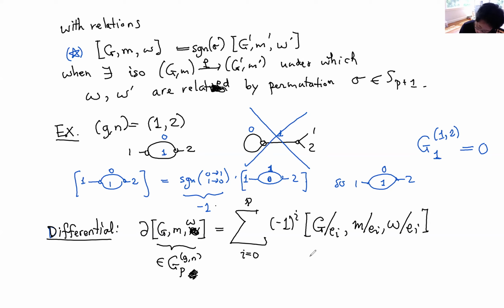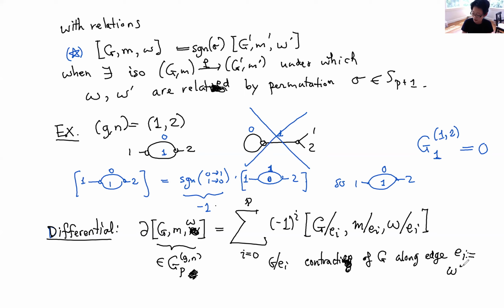So this means the thing you get by contracting: G slash EI is the contraction of G along edge EI, where EI is, by definition, the edge marked I according to the ordering omega. So it's omega inverse of I. Okay?